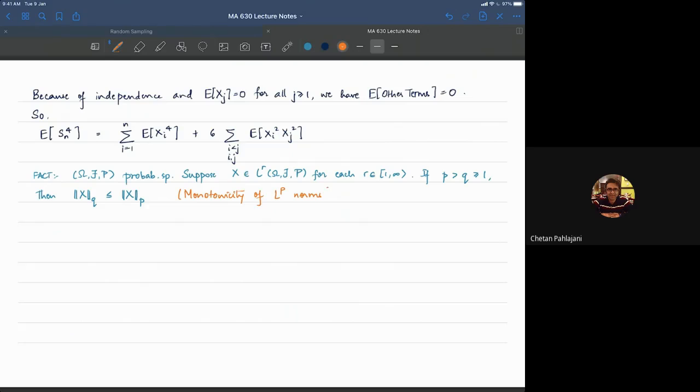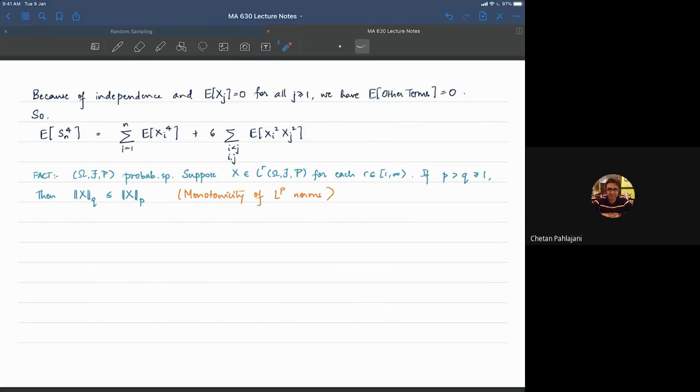Basically we're saying, suppose a random variable X belongs to L^p and it belongs to L^q. By the way, here I'm assuming that it belongs to L^r for each r, but that is not necessary. All I'm saying is that if a random variable X belongs to L^p and L^q, and p is bigger than q, then the L^p norm is greater than or equal to the L^q norm.